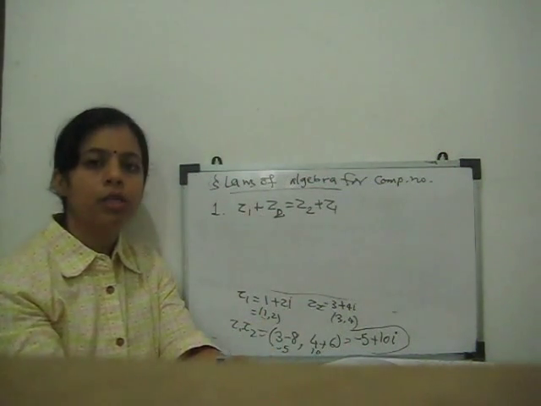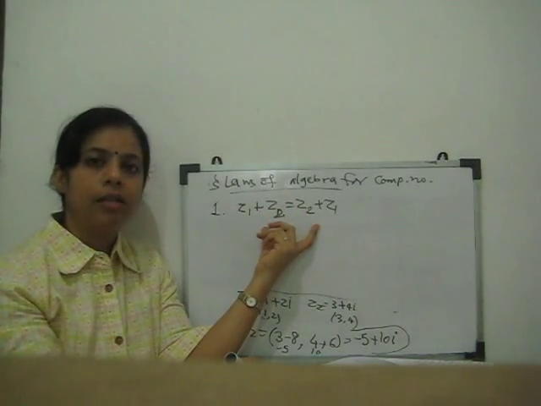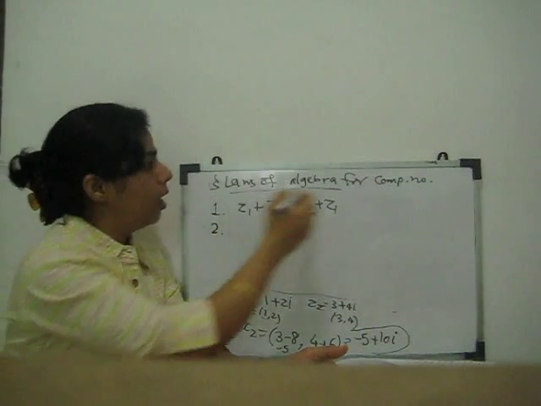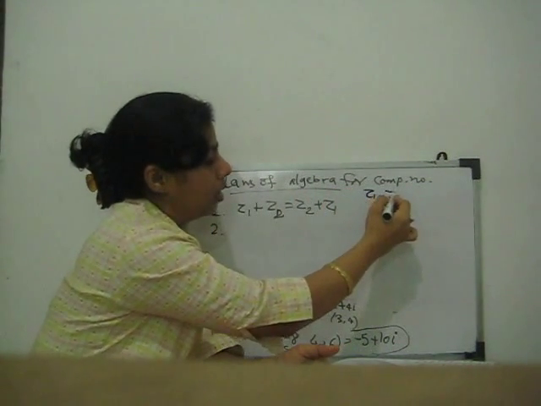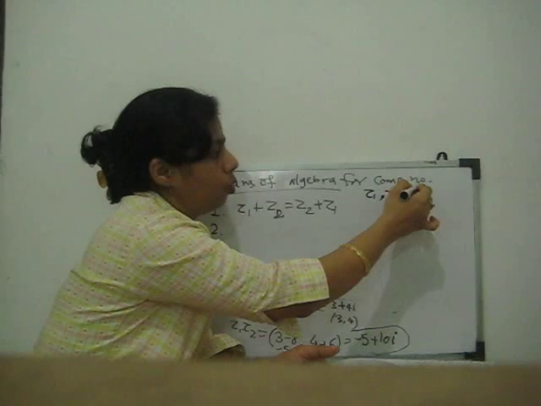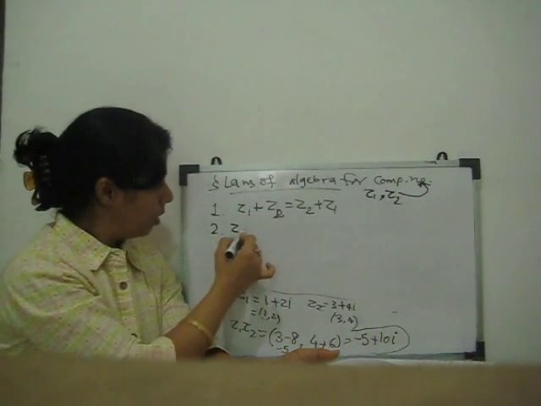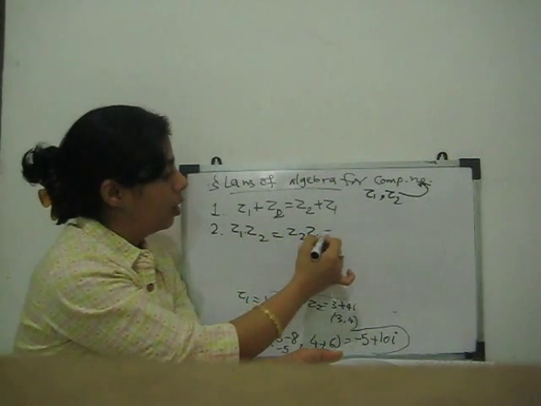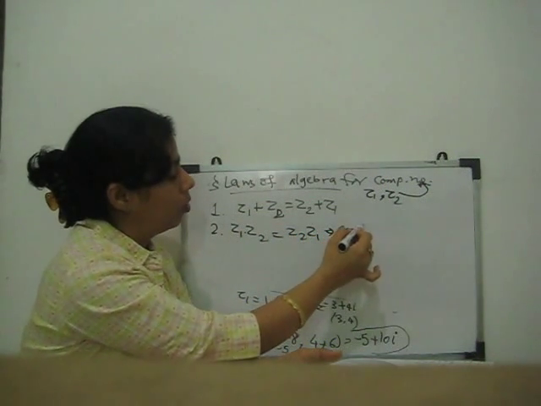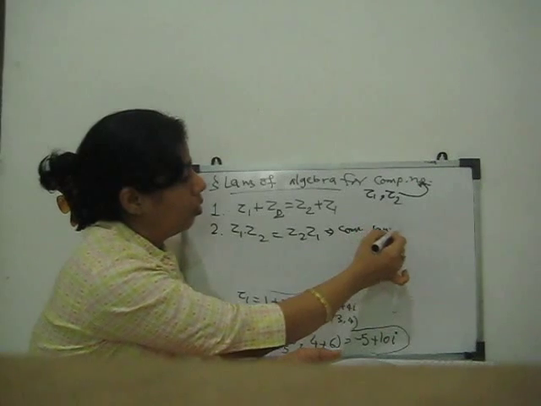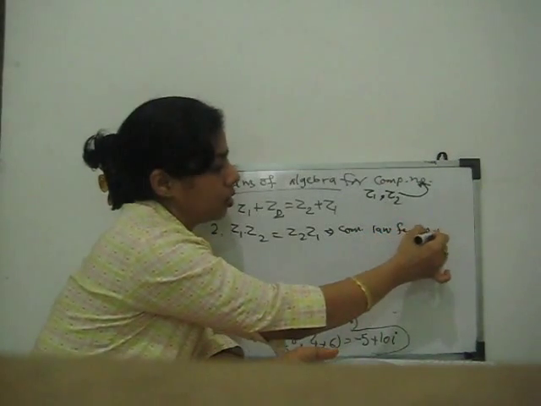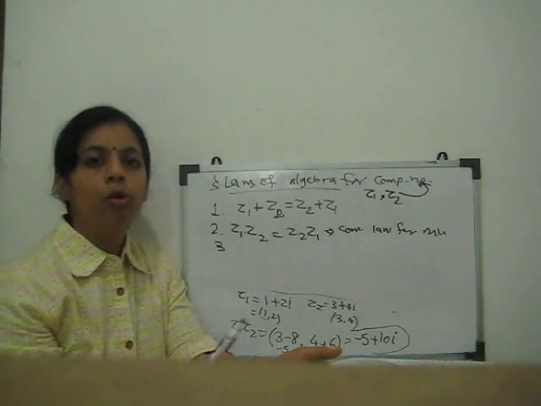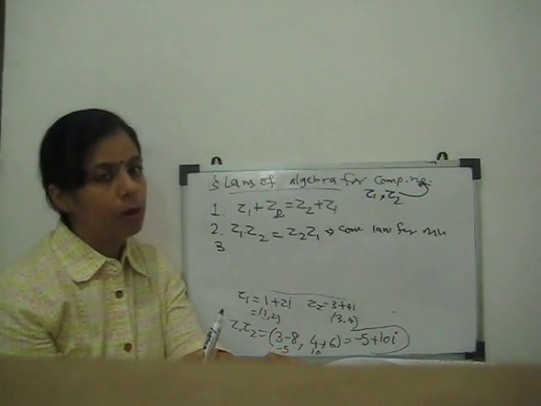What is the meaning of this? This law is called the commutative law of addition in algebra. Similarly, z1 and z2 are any two complex numbers. z1 z2 is equal to z2 z1. Commutative law for multiplication. This is for addition, and this also follows.